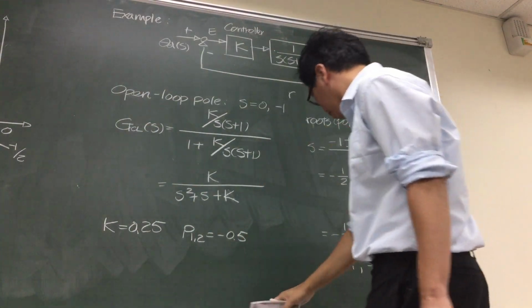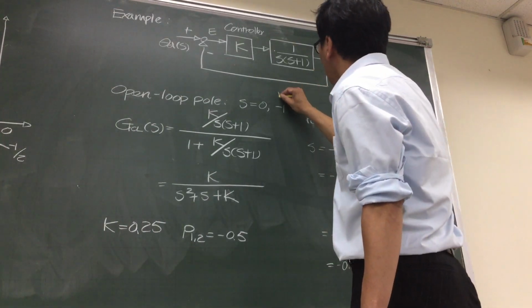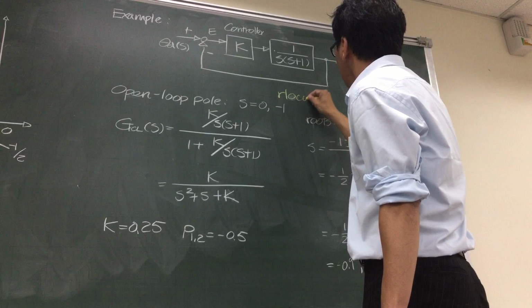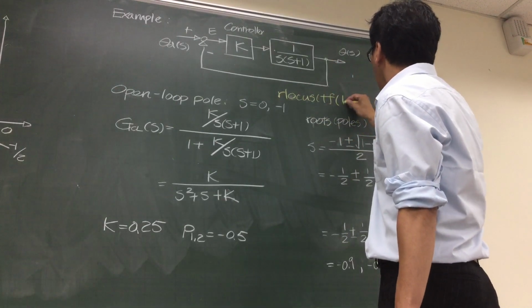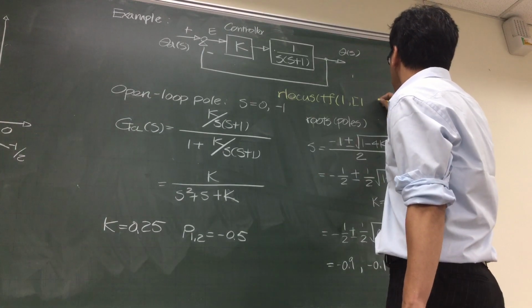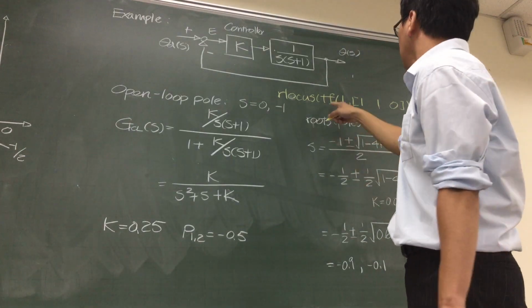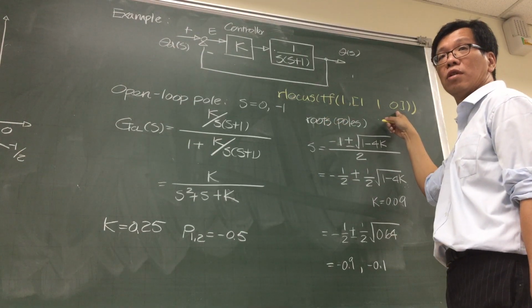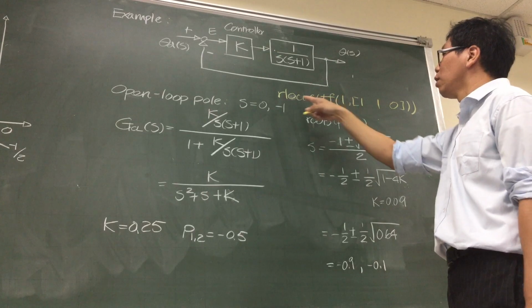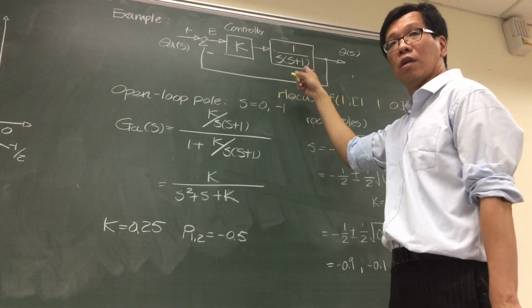I'll use another color. rlocus(tf([1 1],[1 0])). The tf over here means how I synthesize my transfer function as an object. The Locus simply means that my K is away from everything.